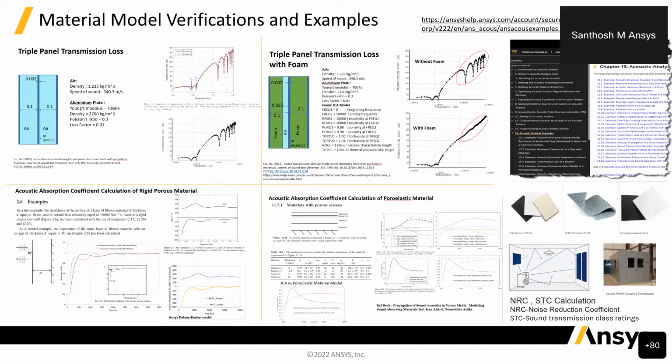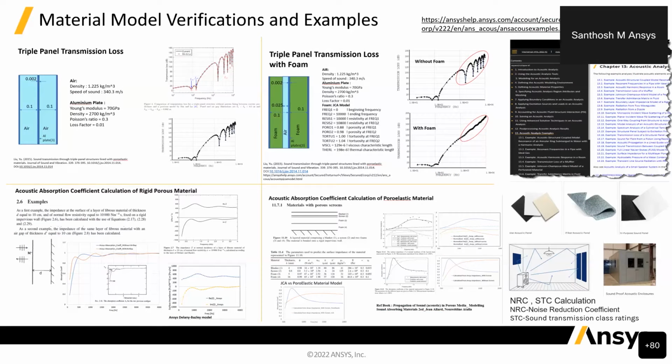This is a triple panel layer used in windows and ceiling floors and such. There are aluminum plates, and in between air, and this is how the transmission loss is. Then if you introduce the foam in between those two layers, this is how the transmission loss is going to improve.